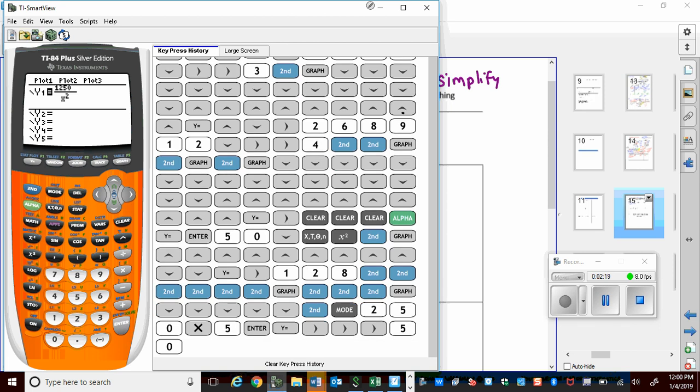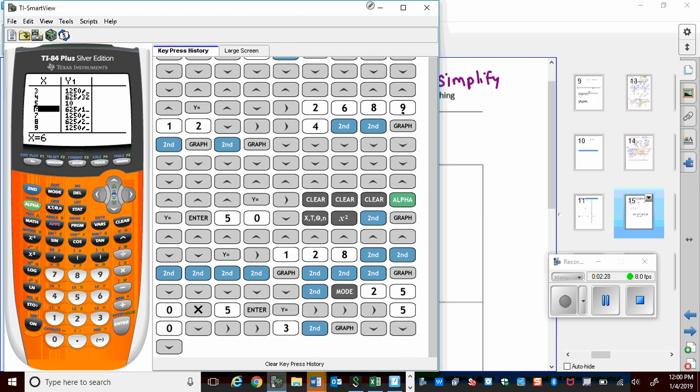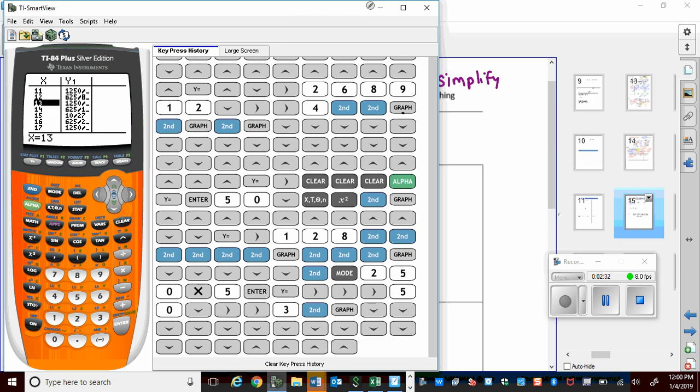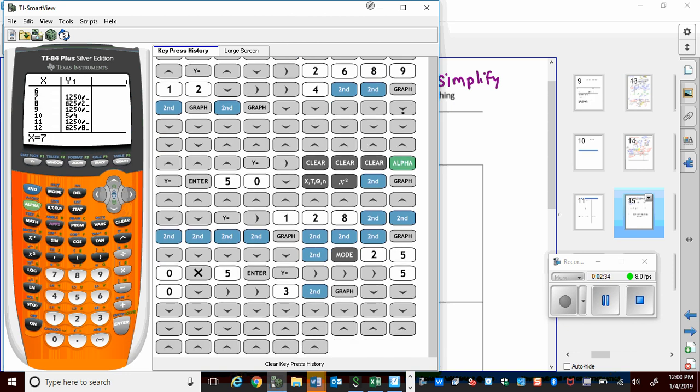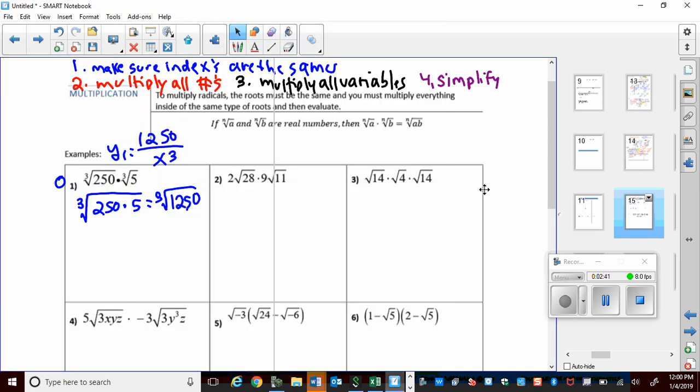Second graph, smallest y1 looks like 10, which is paired to 5, and the smallest y1 is going to be the 10. So 5 cube root of 10 is the simplified form.